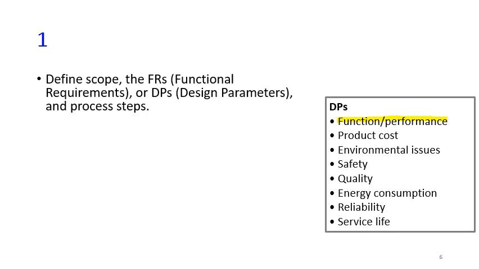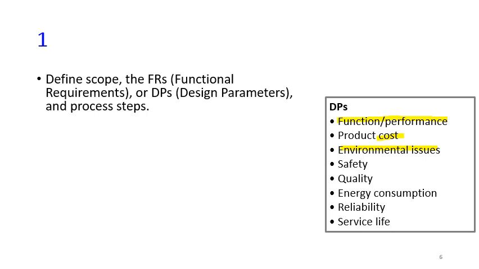We can also compare alternatives based on the cost, environmental issues, safety, quality, energy consumption, reliability, service life, and so on. So we define the scope of our design problem: what are the functional requirements or the design parameters that we're going to use to measure the alternatives, and the process steps.